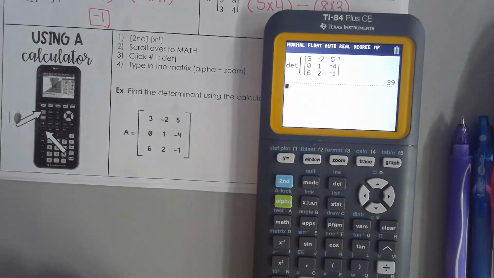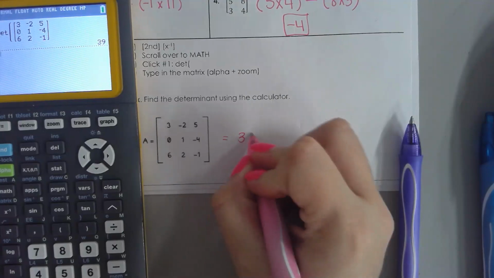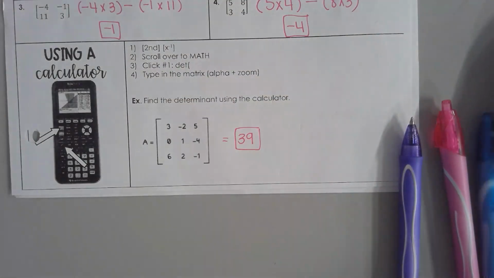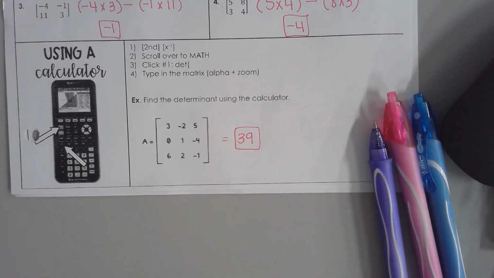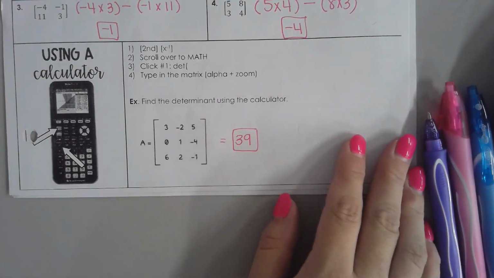And you should get 39. So that might be something else that you write on your cheat sheet for the test, which won't be till after fall break.